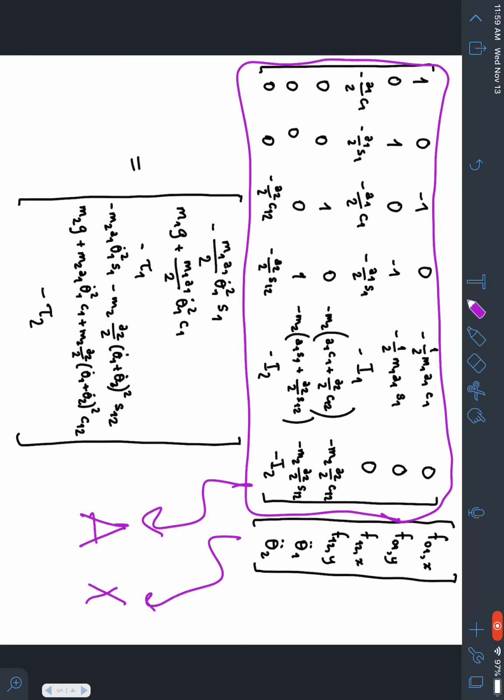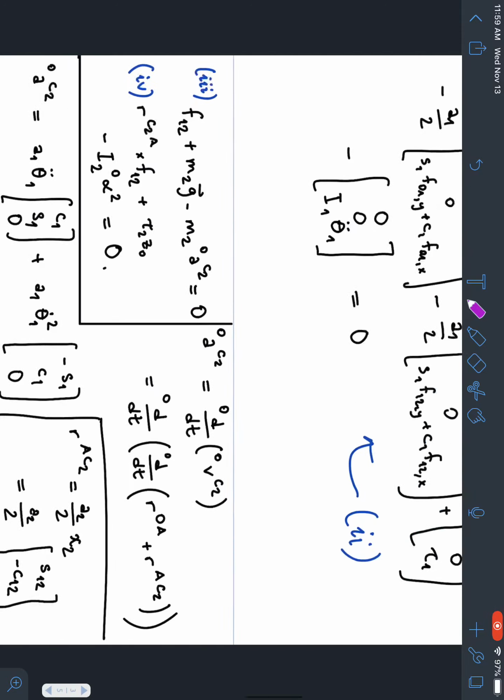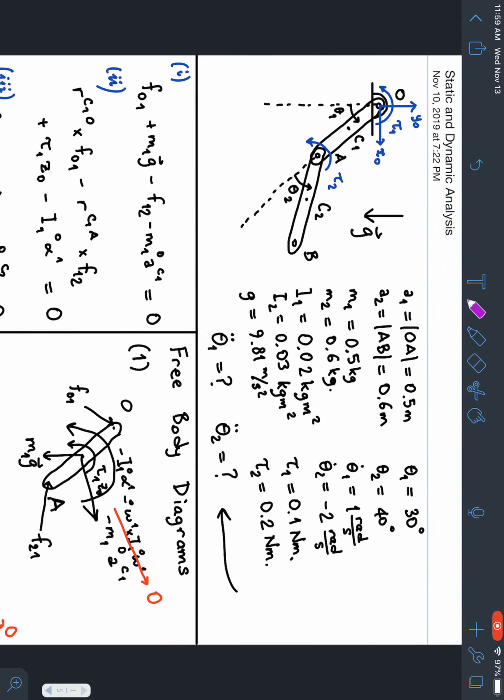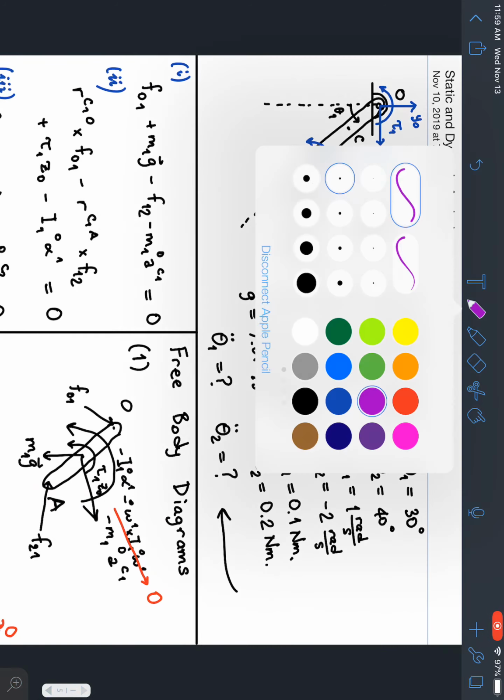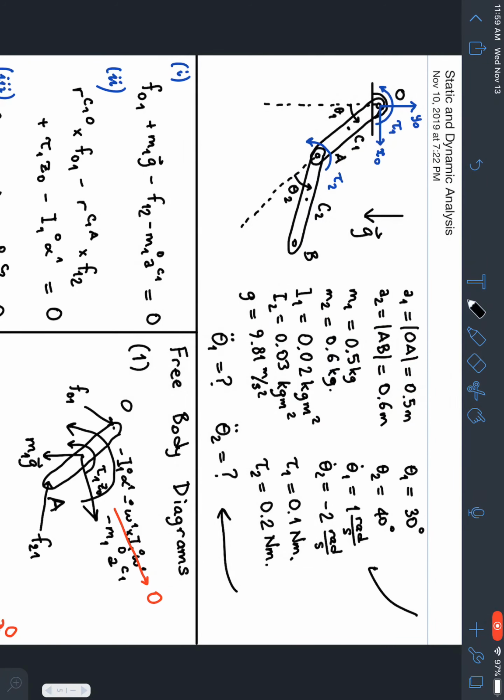So the only thing we have left to do is go back all the way to the top, take these known values and plug them into our known vector B, right? And the known matrix A, evaluate them numerically, and then compute A inverse times B, which will give us our unknown vector X, right?